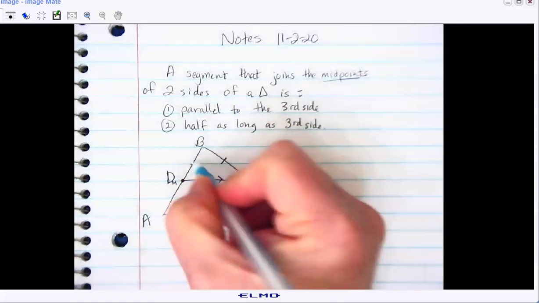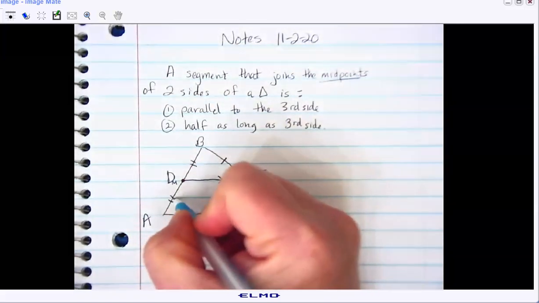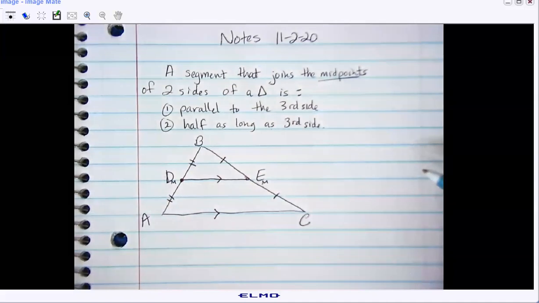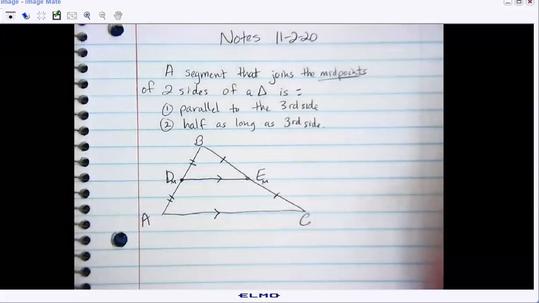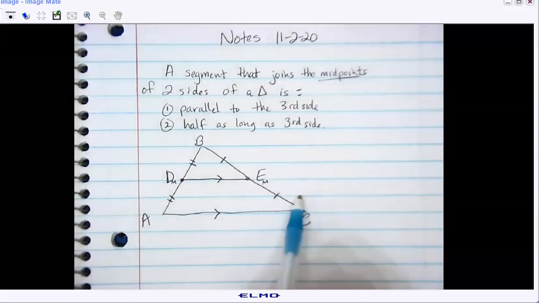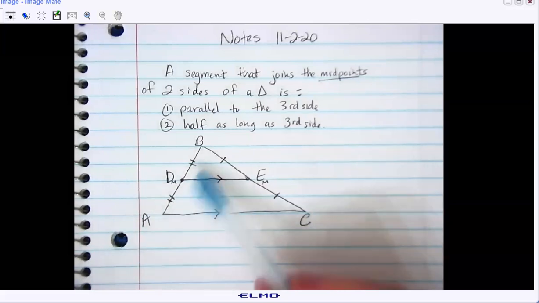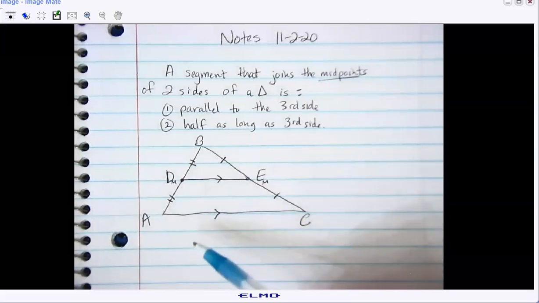And then these two sides, or these two parts of that side, will be equal. So AB and DB, BE and BC, those are equal, not necessarily to each other, like this side's not equal to that side, but the two parts on each side of the midpoint is what's equal.